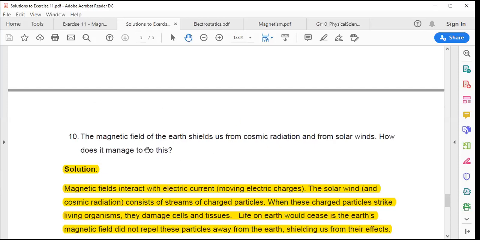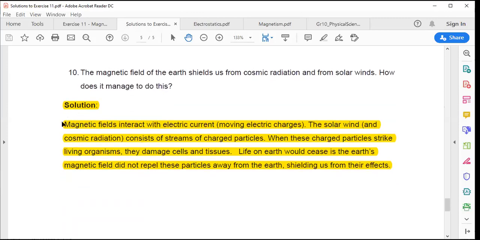So this one is just an explanation. The solution: the magnetic field interacts with electric current, that is, moving electric charges. The solar wind and the cosmic radiation consist of streams of charged particles. When these charged particles strike living organisms, they damage cells and tissue.